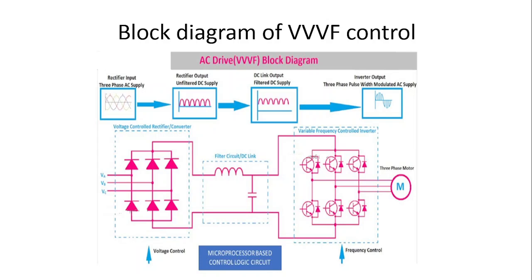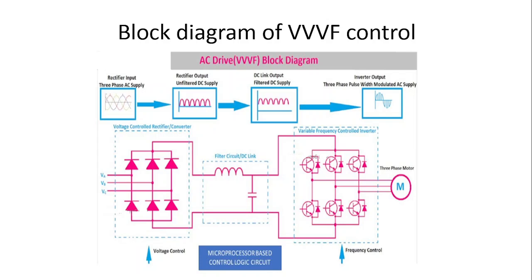This is fed to either the induction motor or the permanent magnet synchronous motor. You all know a synchronous motor runs only at synchronous speed. When we want to change the speed of the motor, we want to maintain the V by F ratio constant.